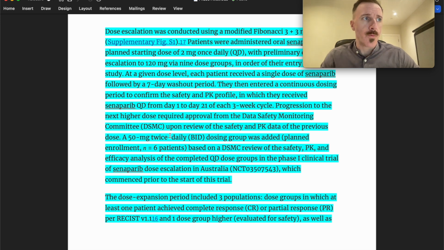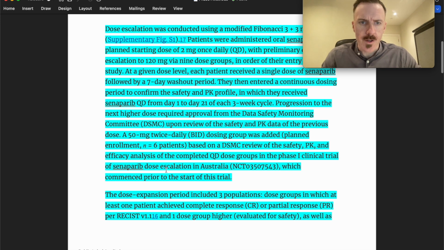A 50 milligram twice daily dose group was added, where twice daily is abbreviated as BID, derived from the Latin bis in die. This followed the Data Safety Monitoring Committee review of safety, PK, and efficacy data from the once daily groups in a previous phase one trial in Australia.